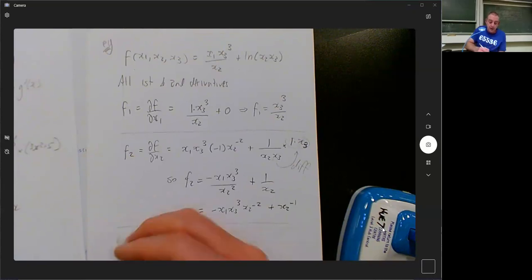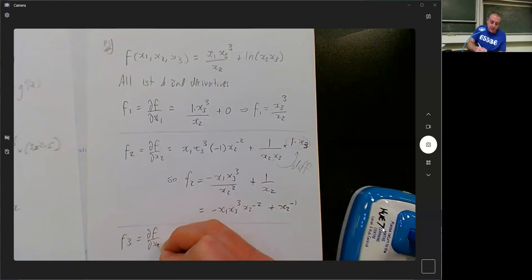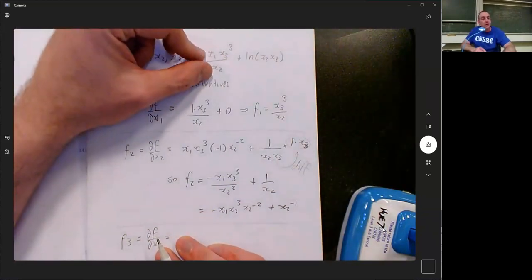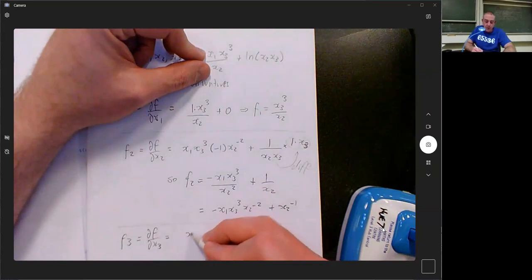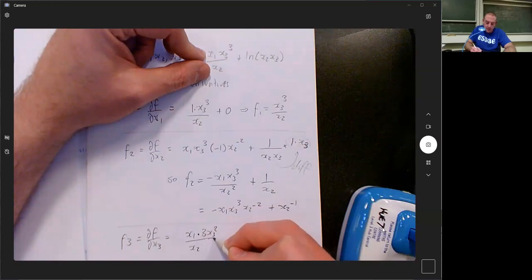And f3 should be df on dx3. Now the x1 and the x2 both count as constants this time, and they're both multiplied or divided, so they'll both still be there. And the derivative of x3 cubed is 3x3 squared.